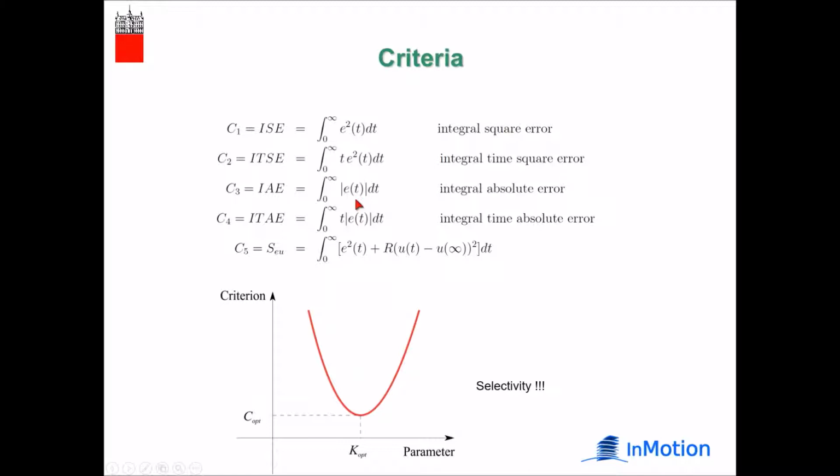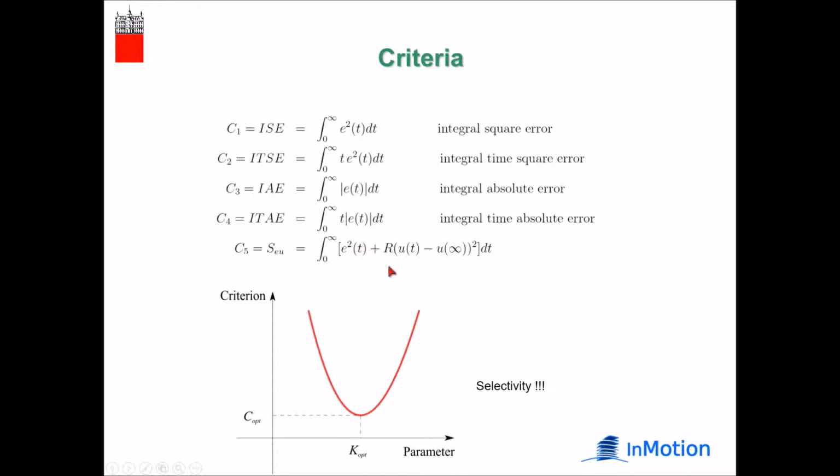That means that it has positive and negative parts. The multiplication by t means that we weight more the later part of the transient response.